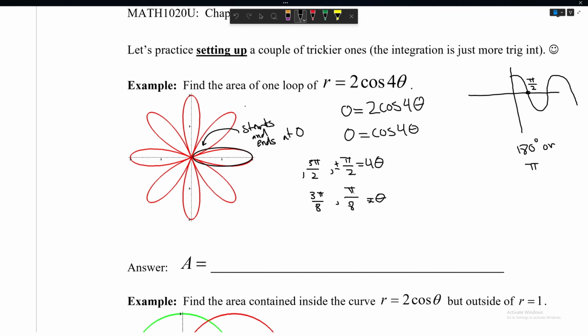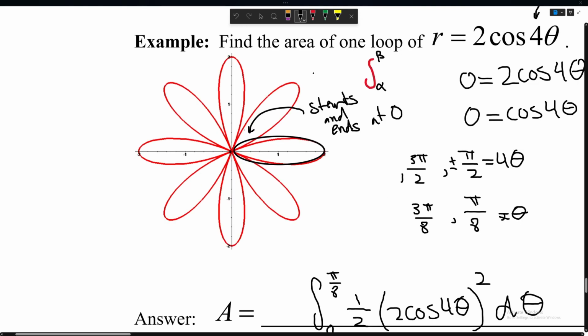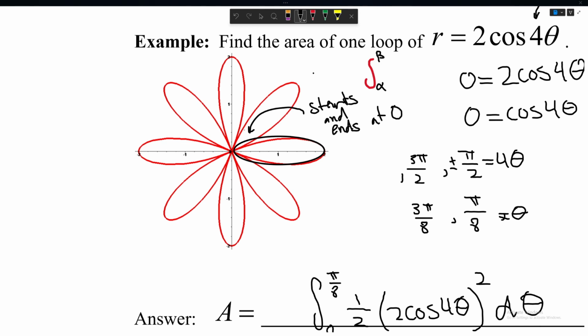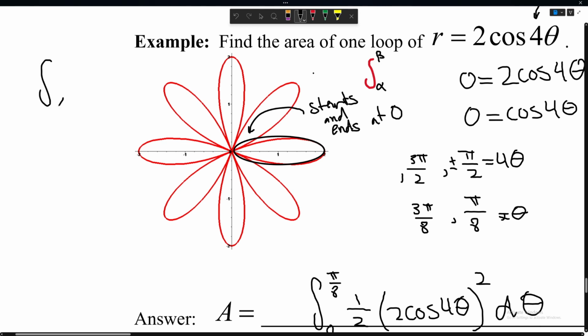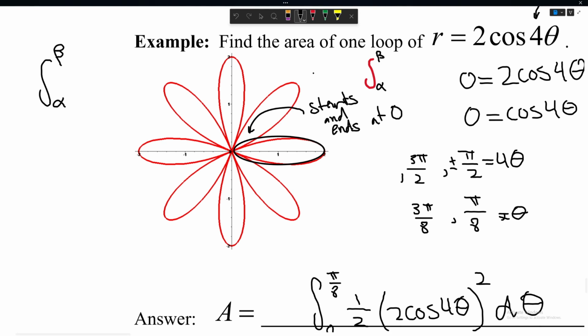equals your theta. Hey guys, I'm not sure if she taught you this, but there's a little trick for these types of questions. If you're confused with your bounds, when you're looking for your integral from alpha to beta, the angle you're looking for is between this and this. These are the two angles we're looking for, one is beta and one is alpha, and it goes from some angle to some angle.